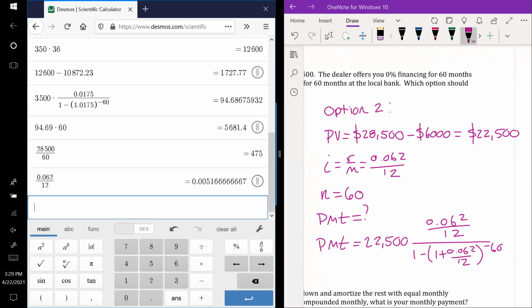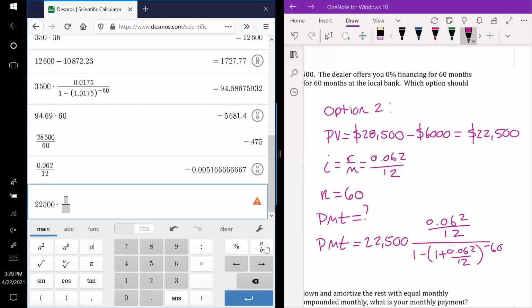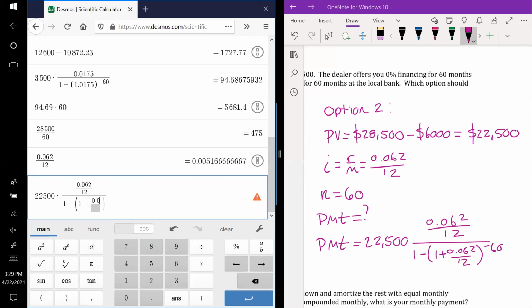And type it in. 22,500 times, need another fraction up there, 0.062 over 12 over 1 minus parentheses 1 plus fraction 0.062 over 12 raised to the negative 60.